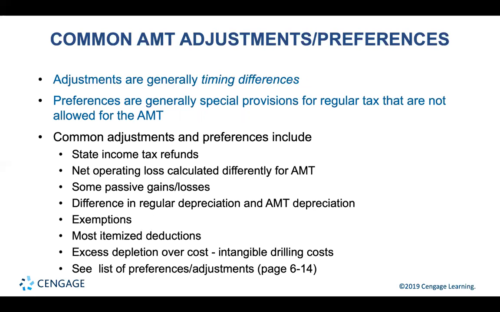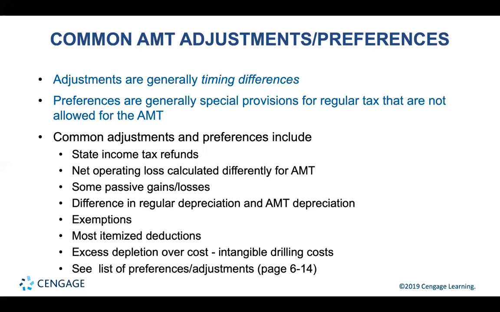So some common adjustments and preferences include state income tax refunds. They're not considered income for AMT where they are for regular income tax purposes. Net operating loss calculation, we learned about that in previous chapters. The way that the NOL is calculated for regular tax purposes is different than AMT. So that would be a preference that you have to calculate. Some passive gains and losses are different.